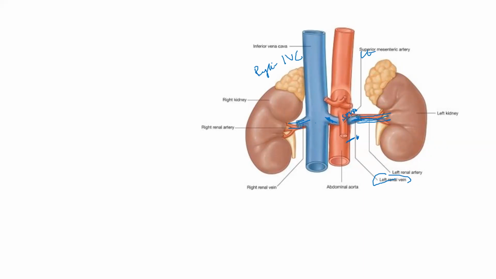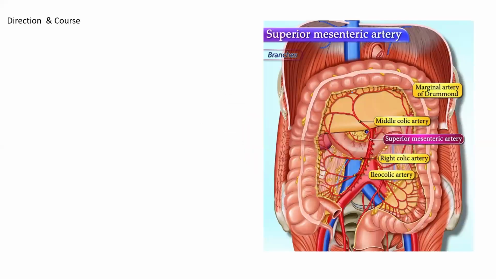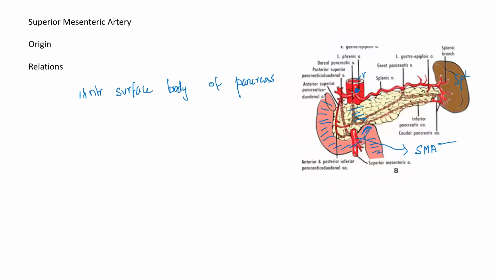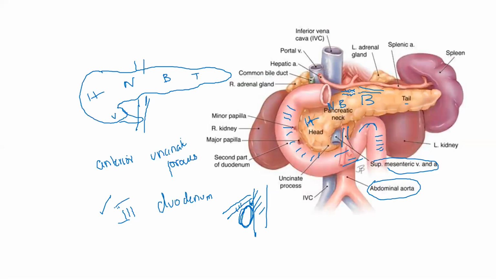So any aneurysm, anything that can compress the left renal vein. Yes, so these relations are very important. Please remember that. Anterior surface of the body of pancreas. The origin of superior mesenteric artery you can see only when you dissect the pancreas.